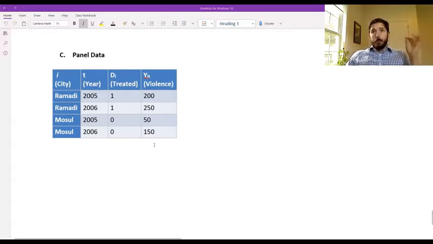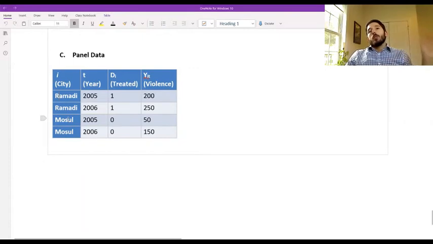The important thing about panel data is that you have multiple groups. In this case, I'm doing the bare minimum here. I've got Ramadi and Mosul, two cities, and you're observing those groups or individuals over time, right? That's the important piece that we didn't have in the previous examples.